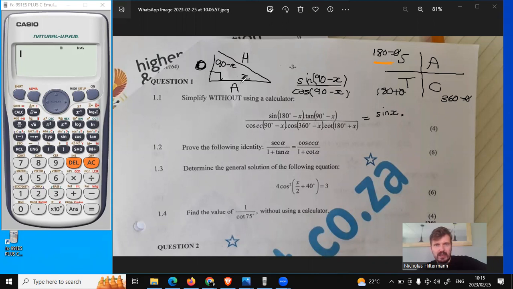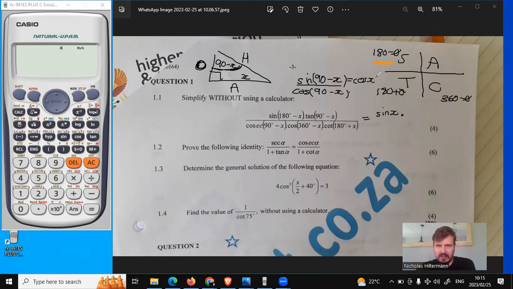But then cos x is equal to adjacent over hypotenuse. But then if I use this 90 minus x angle, then the opposite to the 90 minus x is actually the adjacent. So we're basically trying to invert it, exactly. So sine of 90 minus x is cos x.